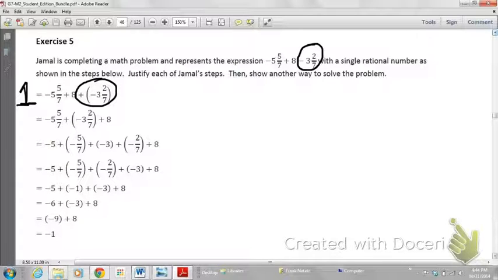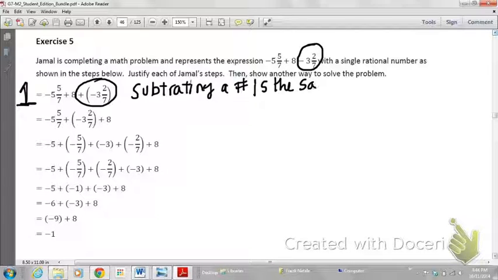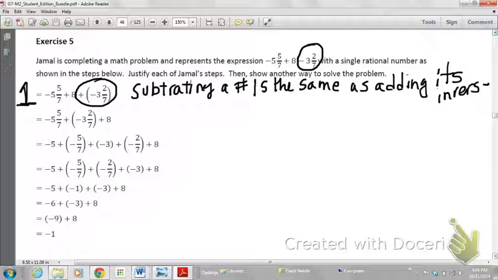He has applied this rule: subtracting a number is the same as adding its inverse, the opposite. Never going to fit all this in here.